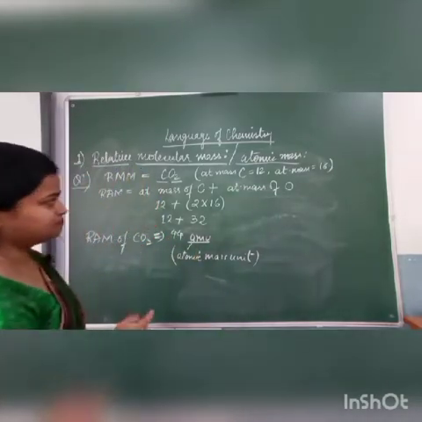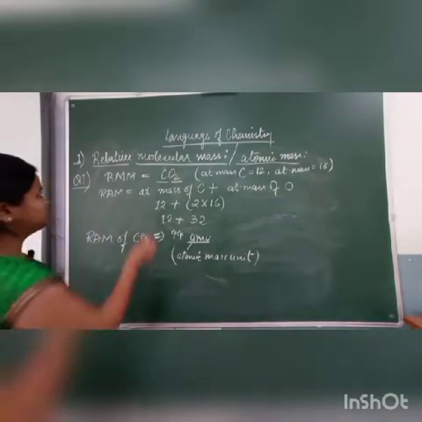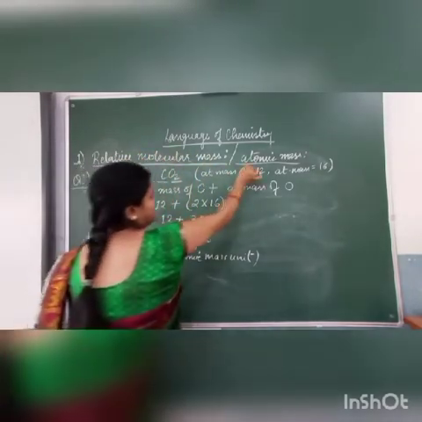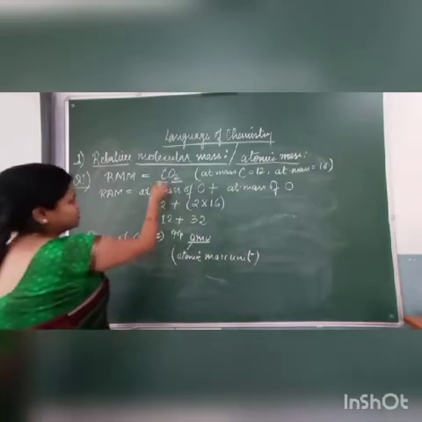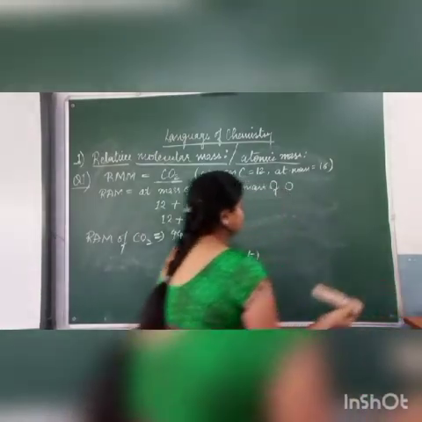This is the first example. Like this you have to calculate, if a question comes, calculate the relative molecular mass or calculate atomic mass of a compound. So one example I gave you here, carbon dioxide. Let us take a second example.